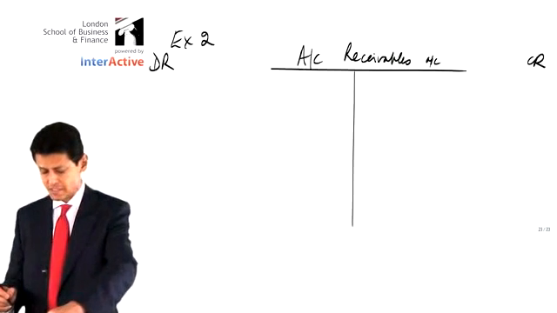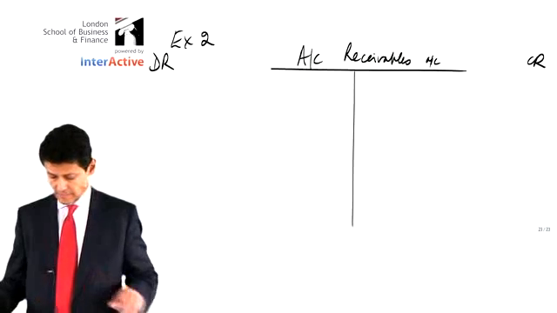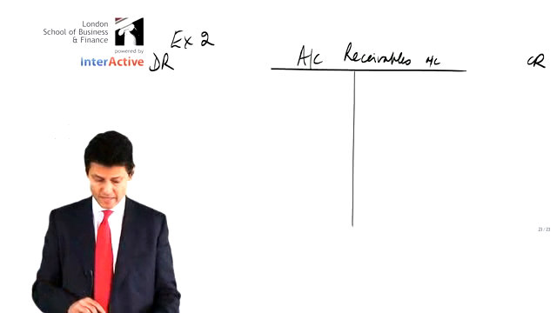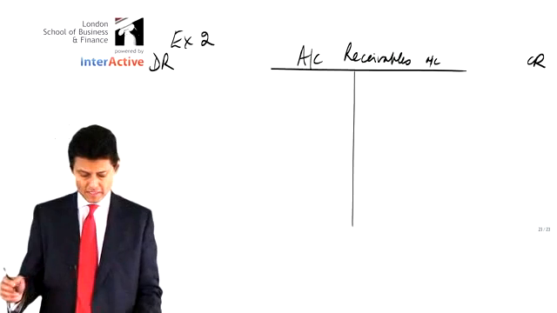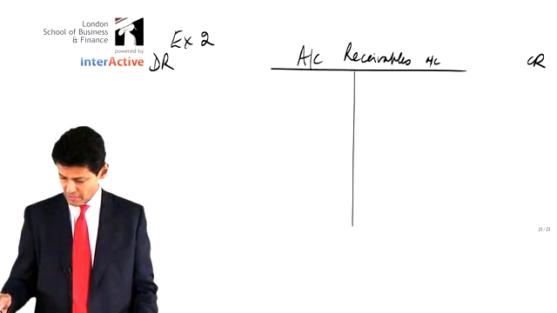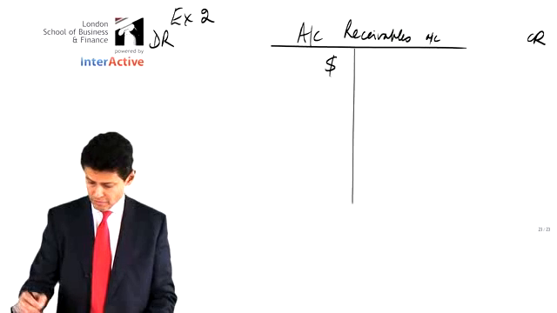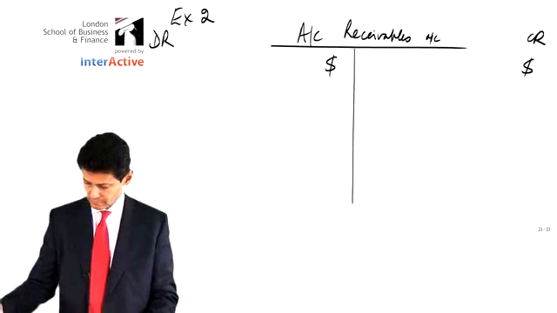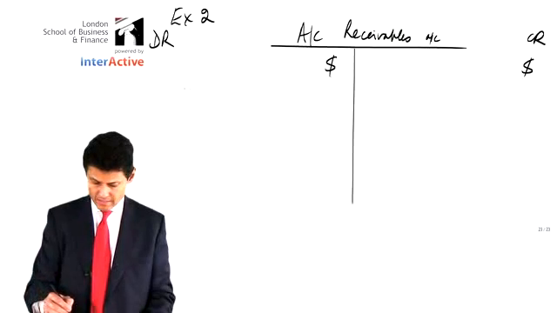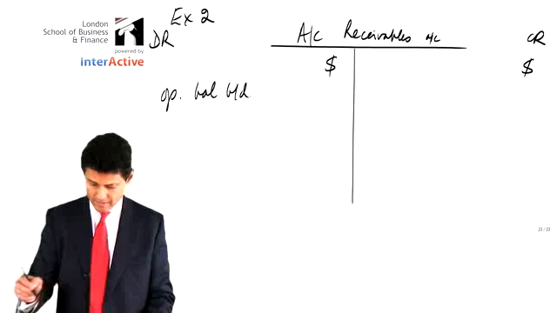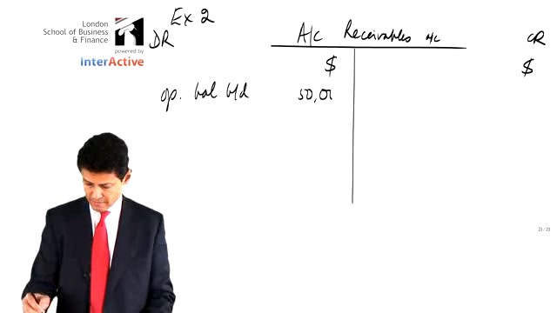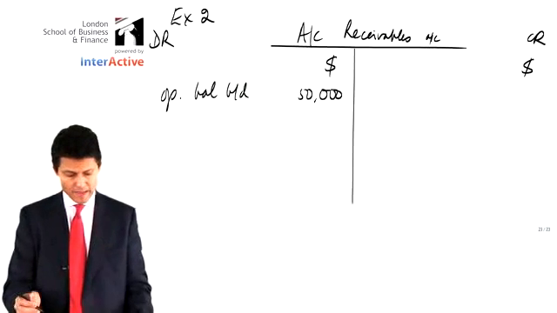Obviously, receivables is an asset, so I expect it to be a debit. So the opening balance is said to be 50,000. What can I do except put it on the debit side? So these are all dollars. Very easy indeed. So I'll say opening balance brought down 50,000. Tick it off on your question paper.